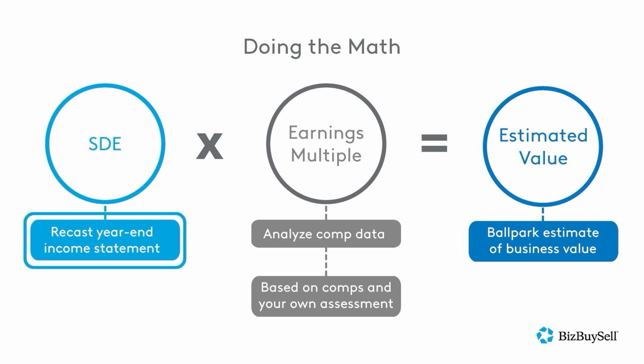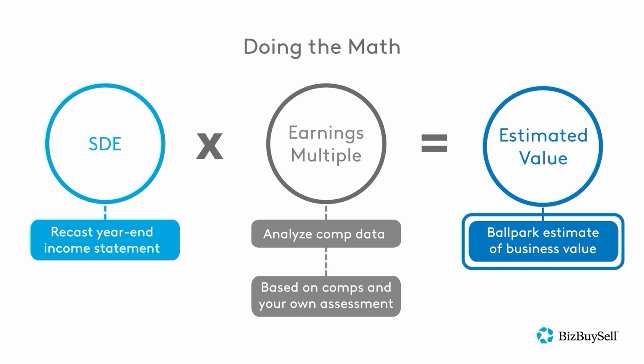You have recast your year-end income statement to arrive at your seller's discretionary earnings, SDE. You are now a simple calculation away from creating a ballpark estimate of the value of your business. SDE times earnings multiple equals estimated business value. That single calculation results in the estimated value of your business.